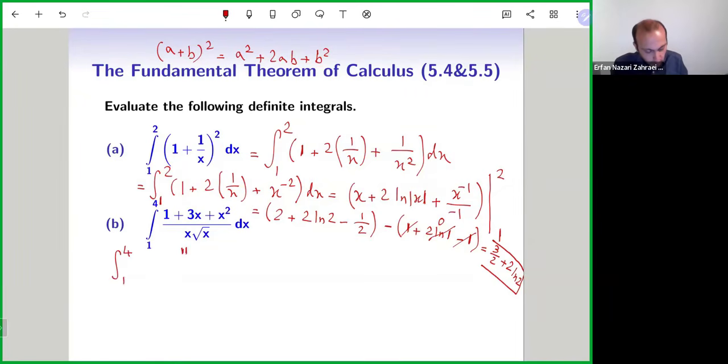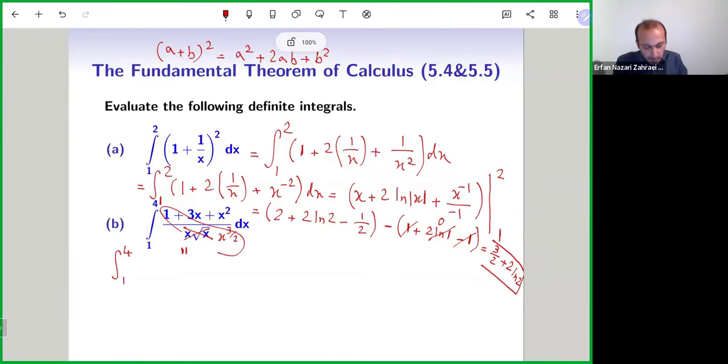Integral from 1 to 4. So I write this. First, let's notice that you can combine these. x times root x. Root x is x to the 1 over 2, and x times that, you combine the exponents by adding them. It's x to the 1 plus 1 over 2, which is 3 over 2. So these two together in the denominator are basically x to the 3 over 2, if you like.